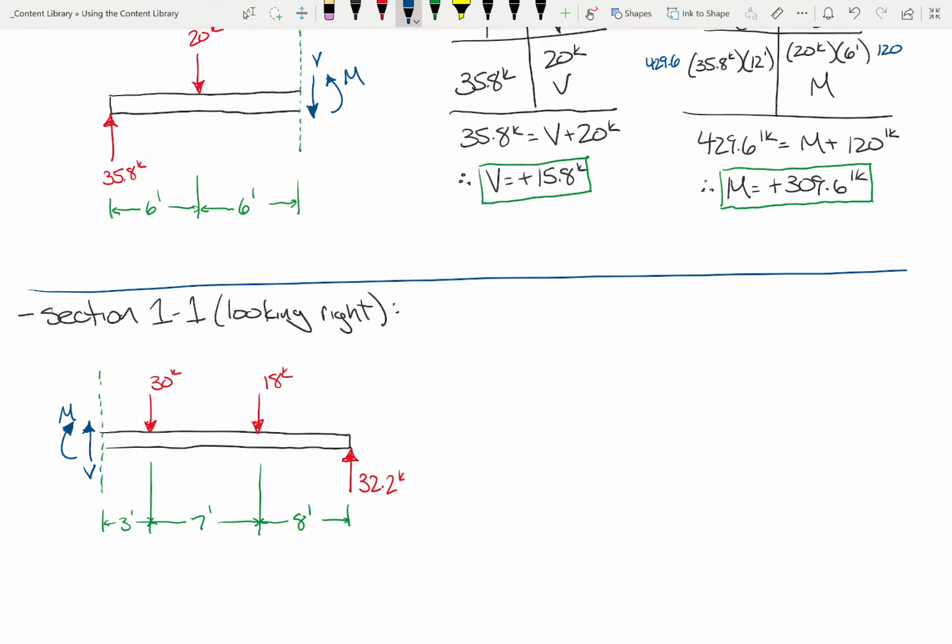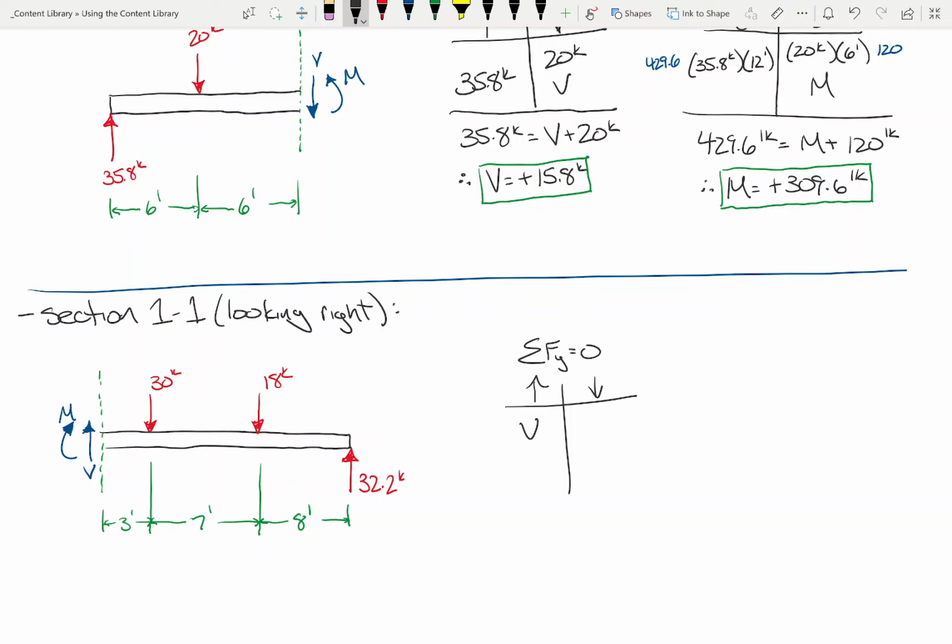Same problem. Okay, I want to see if this is what we're going to get, particularly magnitude and the sign. These were both positive. Let's see if they're both positive here. So, what do I have?